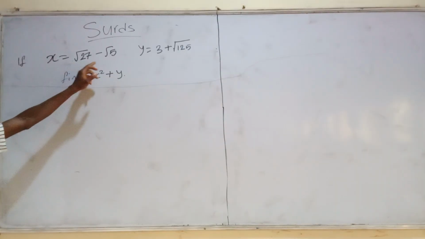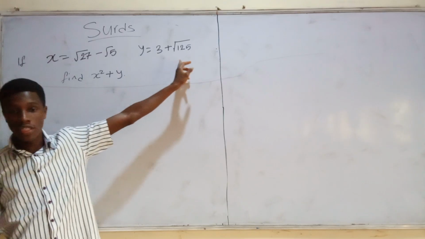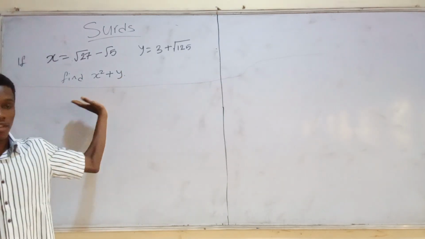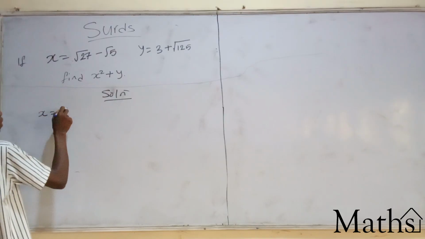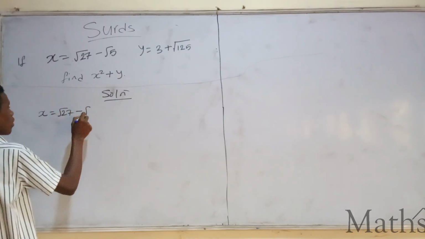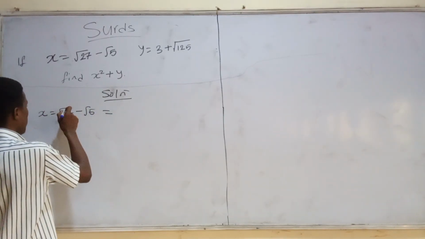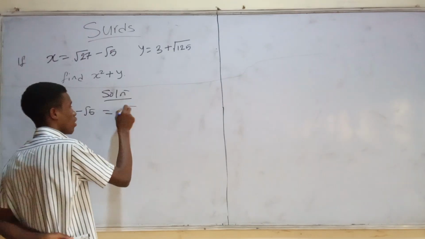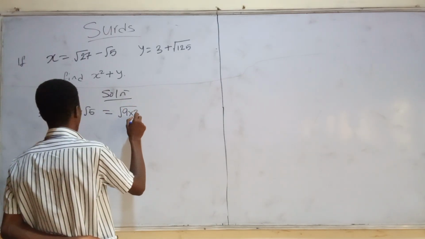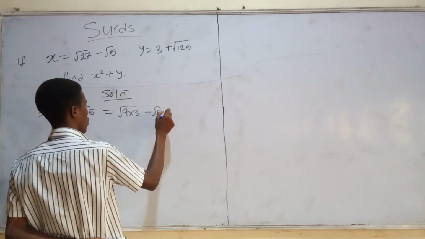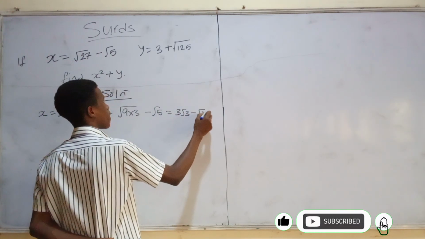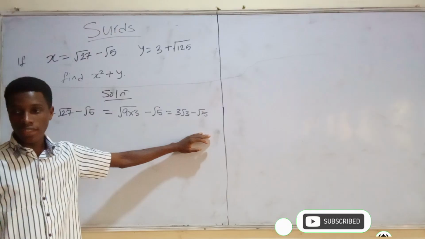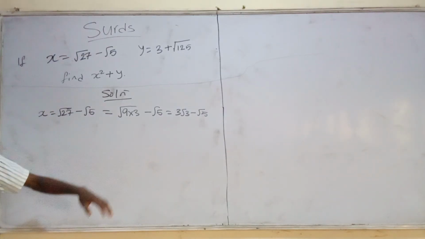If x equal to this and y equals to this, find this. X squared is what? So we'll break this guy down as well. So this is what we got as x, right? This is our x, is that not?